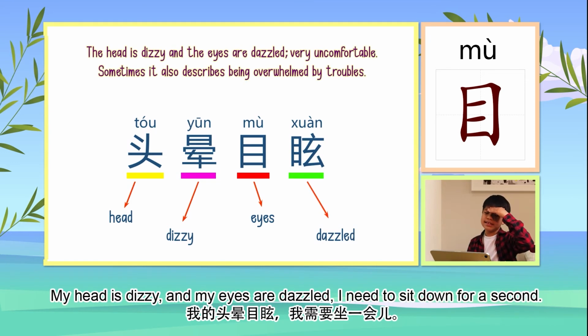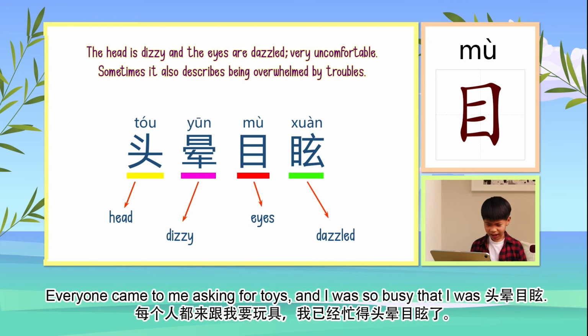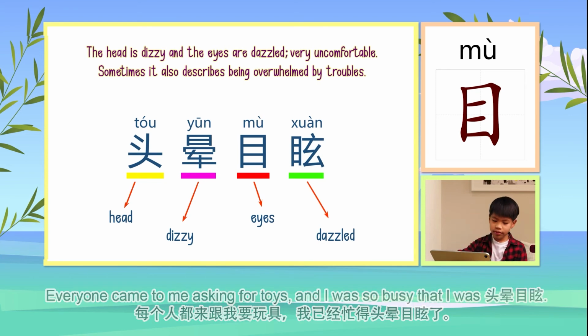My head is dizzy and my eyes are dazzled. I need to sit down for a second. Sometimes it also describes being overwhelmed by troubles. Everyone came to me asking for toys, and I was so busy that I was 头晕目眩.